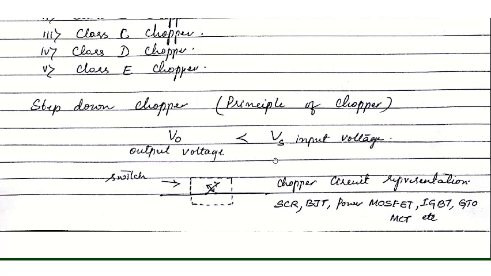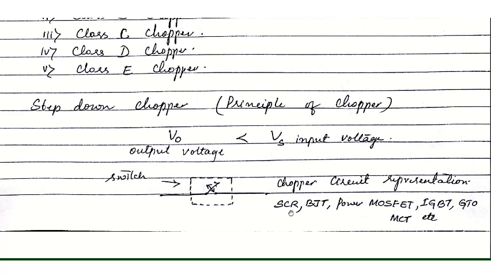V naught will be less than Vs. The typical chopper circuit representation is shown with a dotted rectangle, wherein the thing inside is a switch made of a power semiconductor device, which can be one of these.